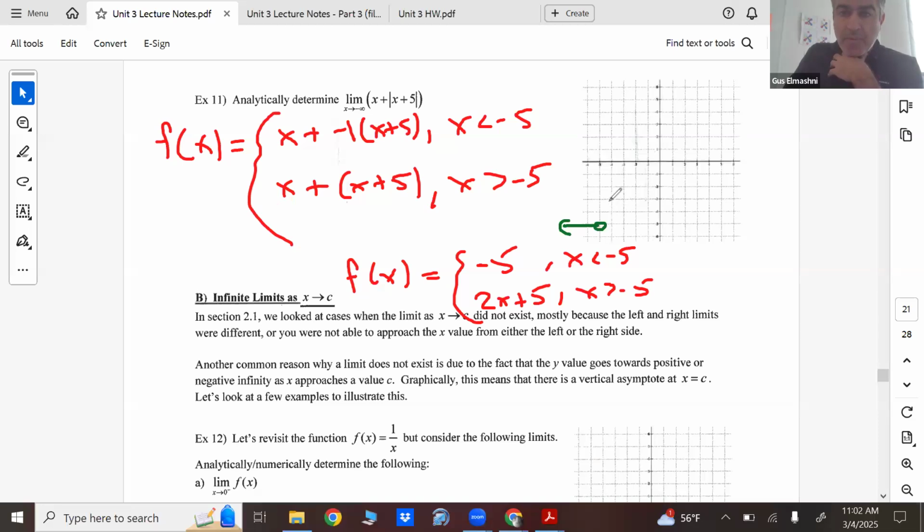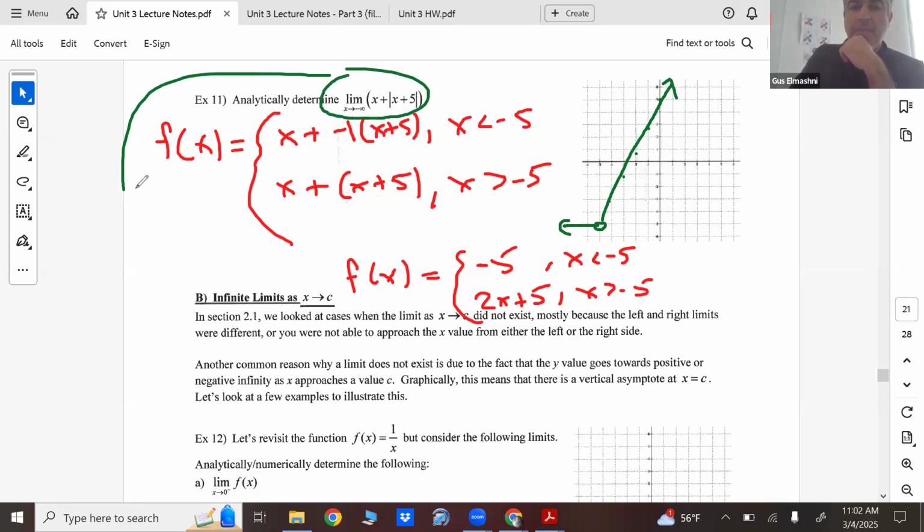And slope is 2. You agree with my graph? So what's my limit going to be? What's the value of my limit? -5, yeah. Based on my graph.